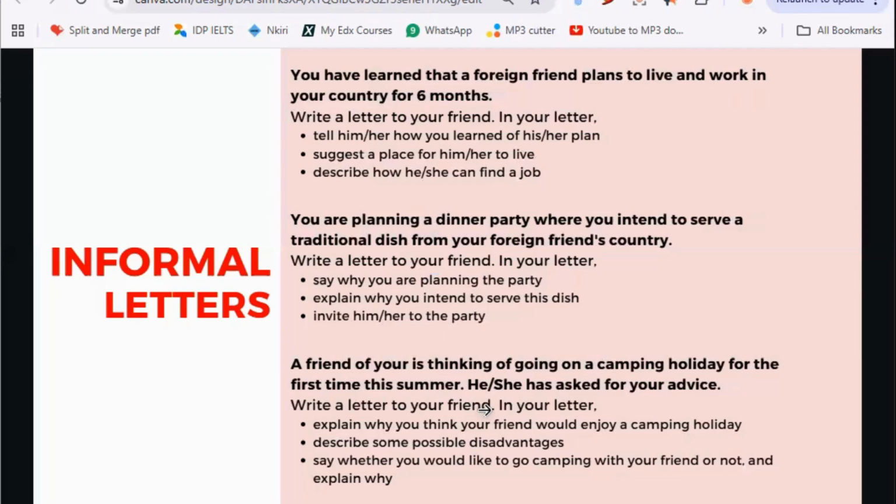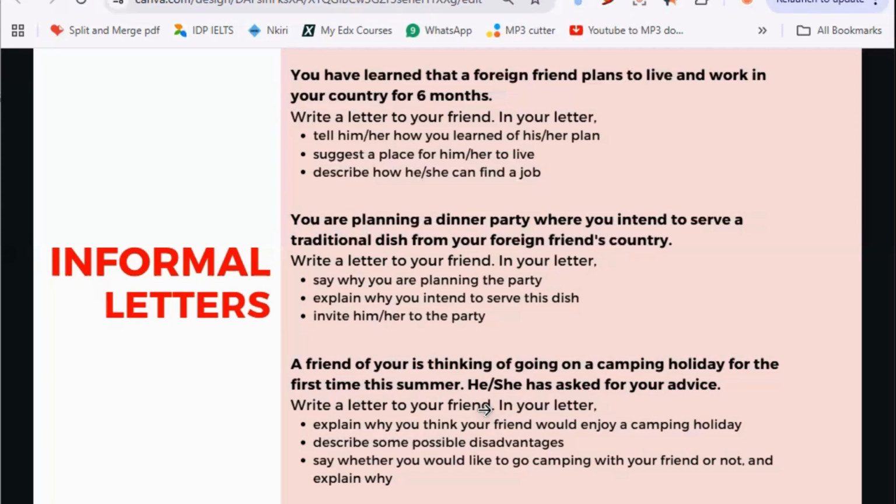Now, let me say this, that sometimes they will tell you to write a letter to your friend's parents. I've seen that question before. That's not an informal letter. That is a semi-formal letter. So you can't treat your friend's parents like your friend. The way you interact with your friend's parents is completely different from how you interact with your friend.